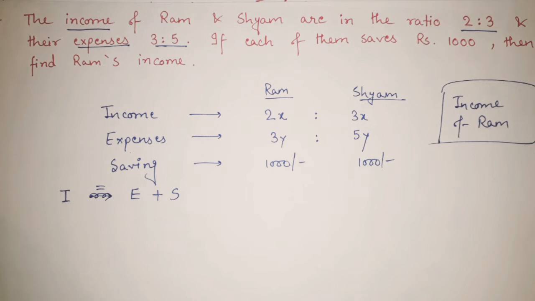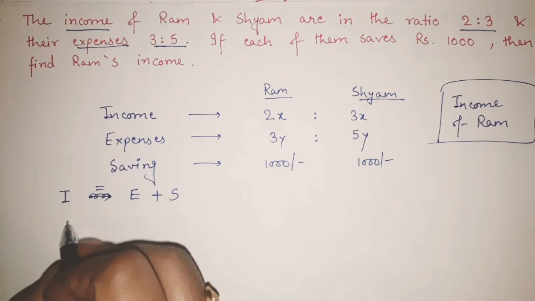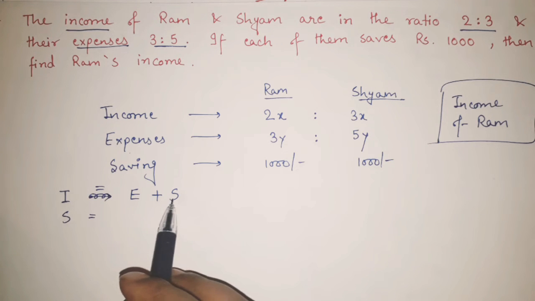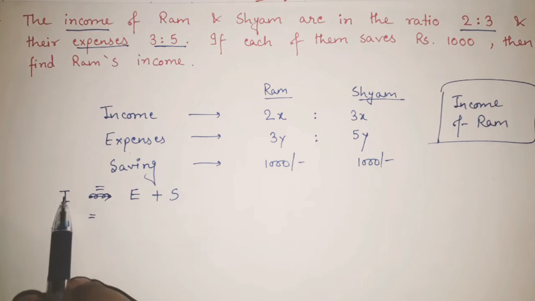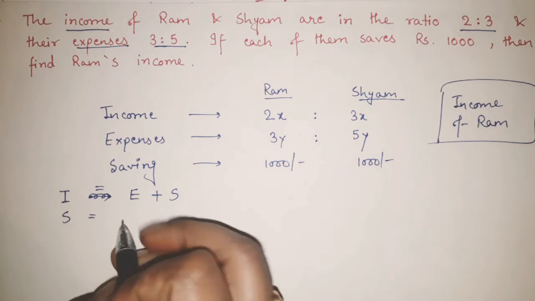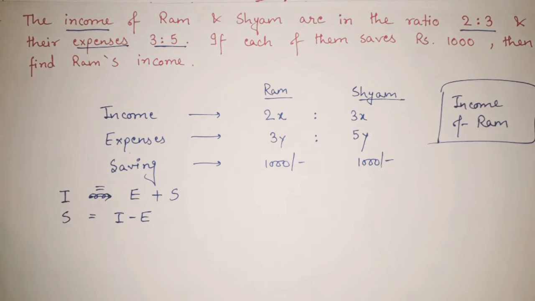Here we know the savings for both the people, Ram and Shyam. So let's say I is income, E is for expense and S is for savings. We know that I equal to E plus S. So S will be equal to I minus E. Now savings for both the people is 1000 rupees.